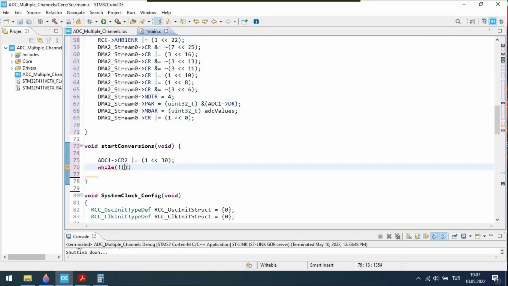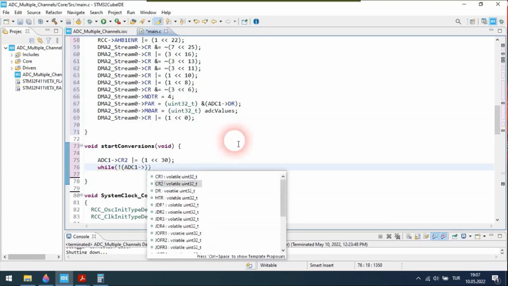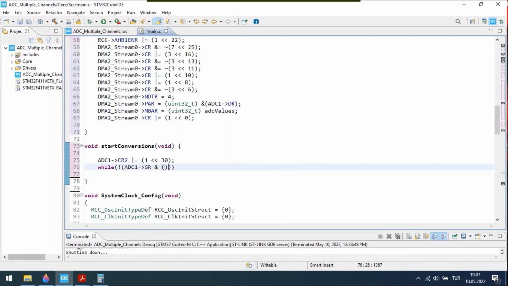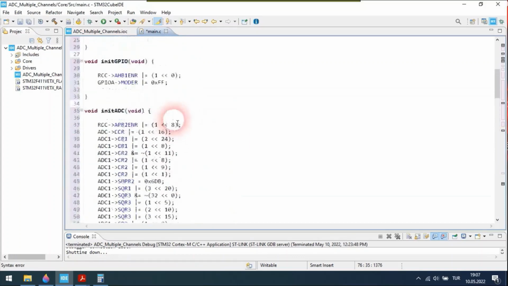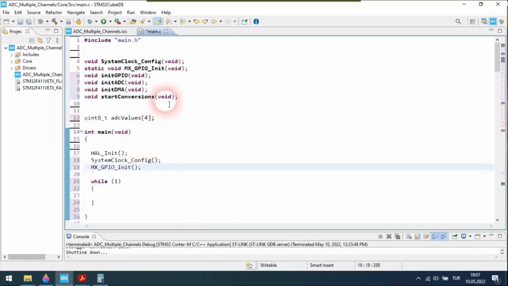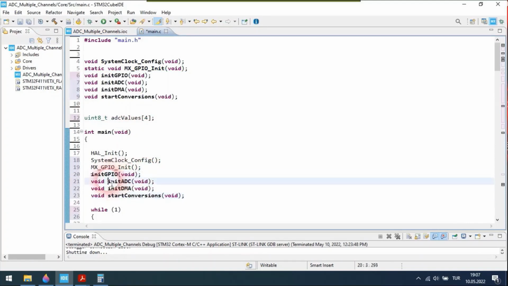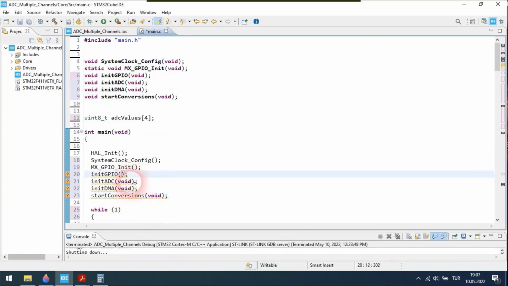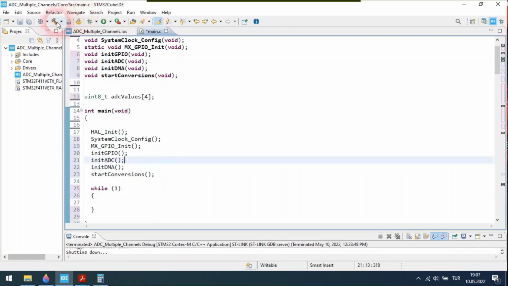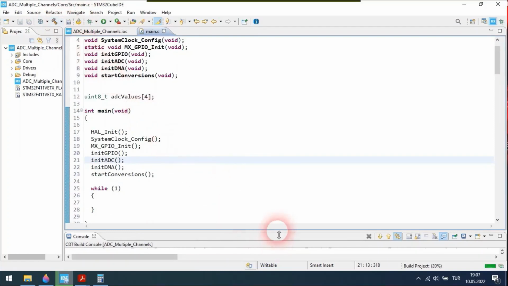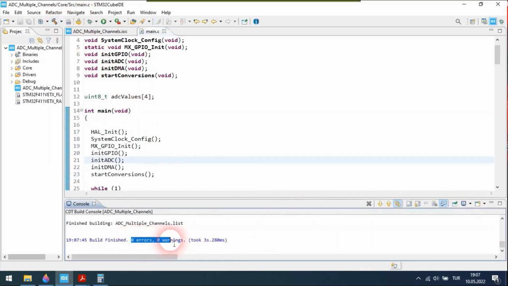Wait until first conversion gets started. Let's build and see whether there is an error or not. Great, no errors or warnings.